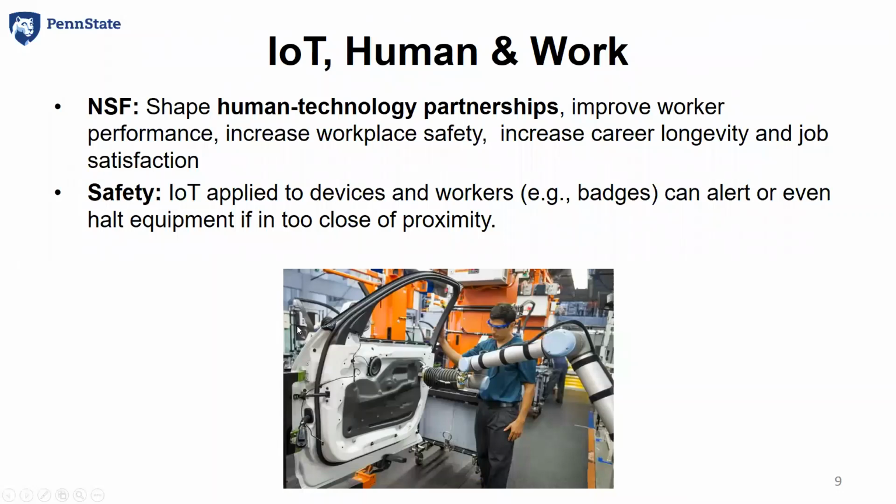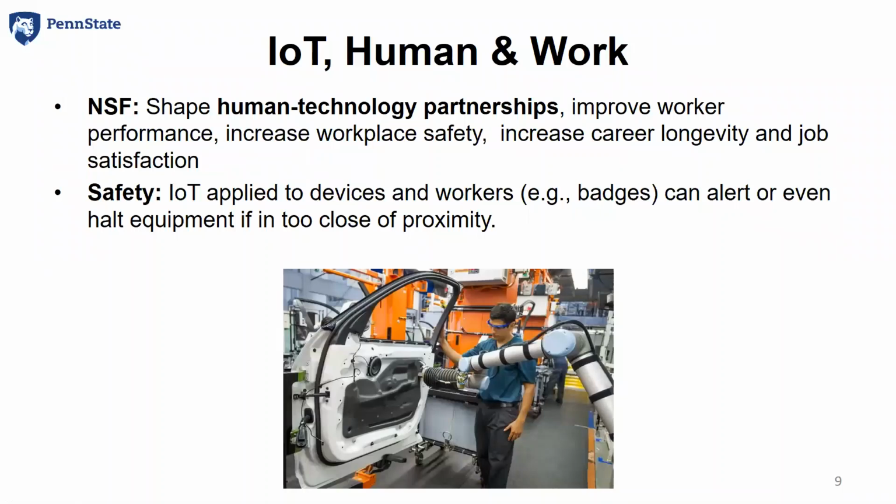This is how we can build the human-robotics and manufacturing technology partnership for work safety, and also try to improve human performance in the working environment. So that's a potential direction.